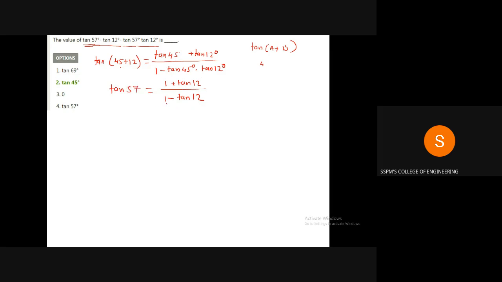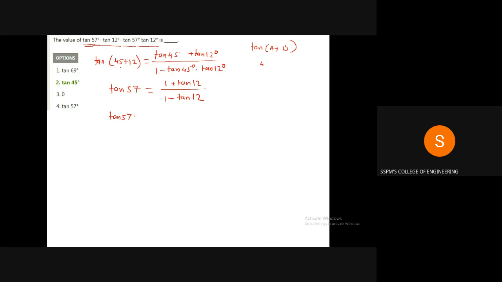If we multiply both sides by 1 minus tan 12, we get tan 57 into 1 minus tan 12 is equal to 1 plus tan 12.